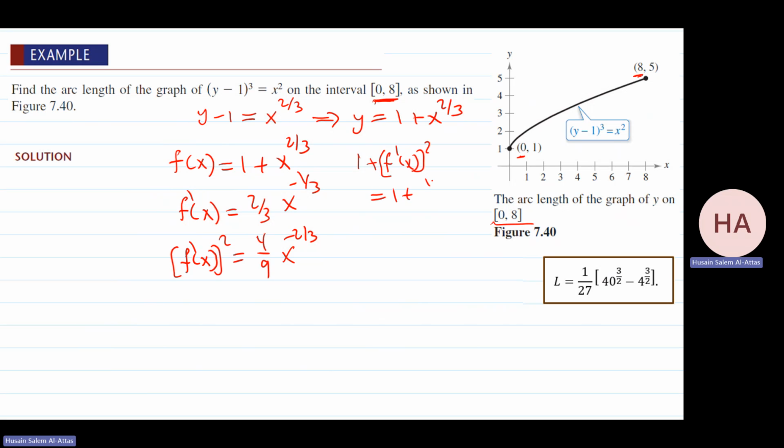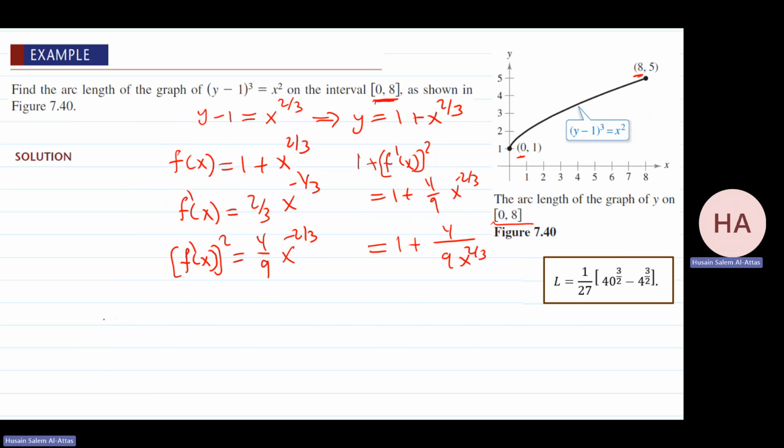Now I need to take the square root of this, so be careful with the calculation. That will be 1 plus 4 over 9 x to the power minus 2 over 3.